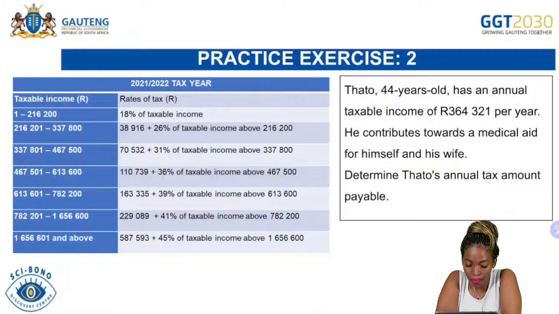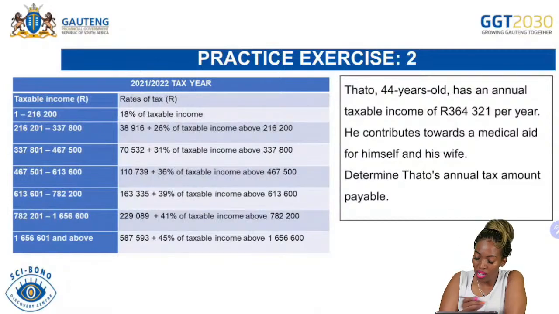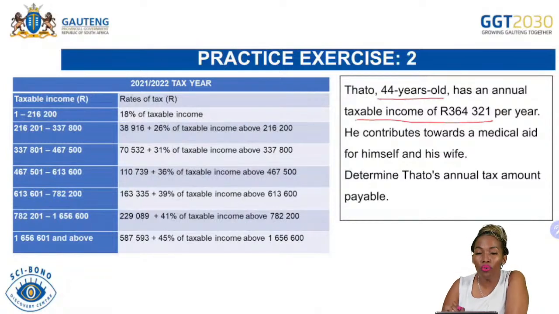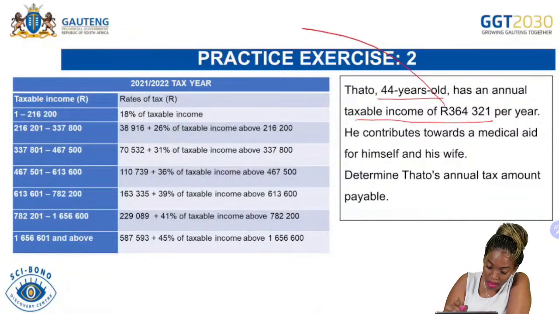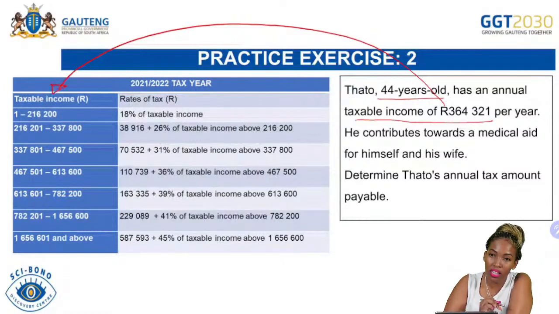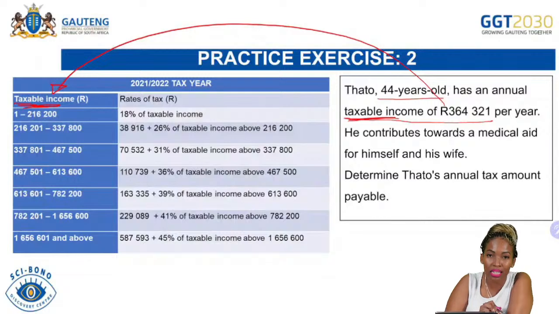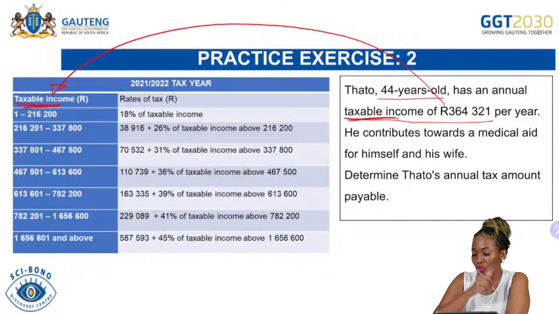Number 2, Tato, who is 44 years old, has an annual taxable income. When you see the word taxable income, then you know that you must go straight to this amount. You must come to this table. When you see the word taxable income, you see even here it says taxable income. It means you are good to go.